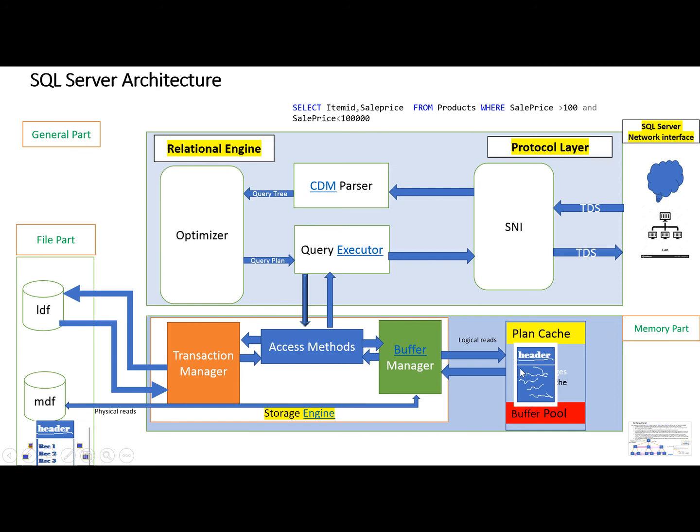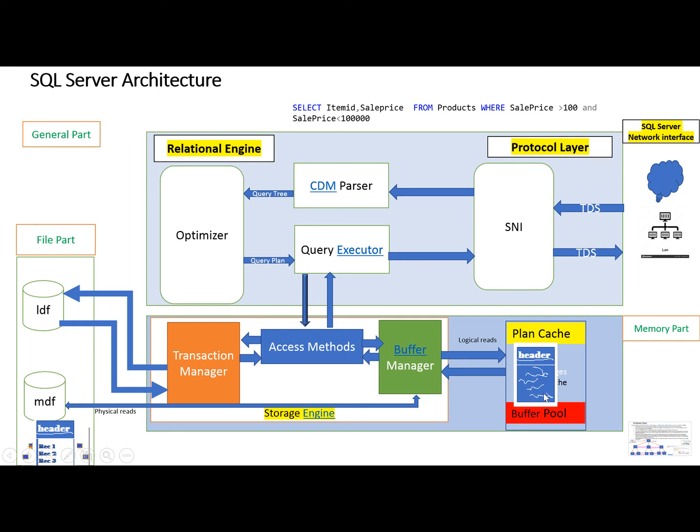It will read the first record and return it to the query processor. The query processor will do its processing and then ask for the next record. It will read the next record sequentially and return it, and it will read all the records until the last record of this page.